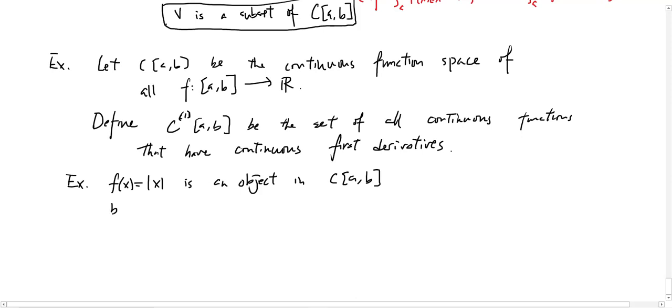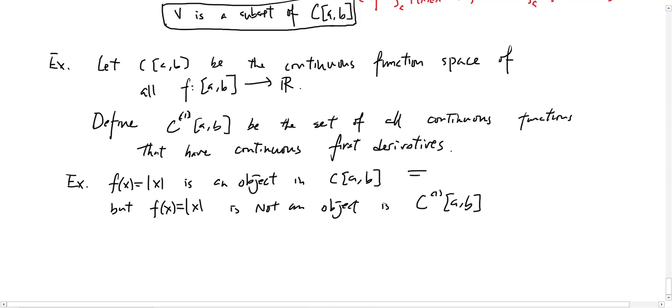But f of x equal to absolute value of x is not an object in C parentheses 1, the first continuous derivative space.